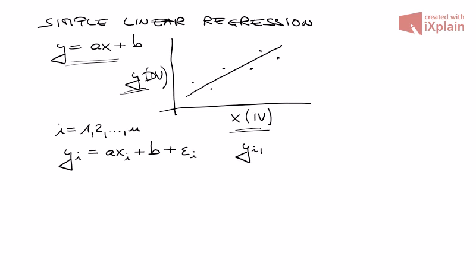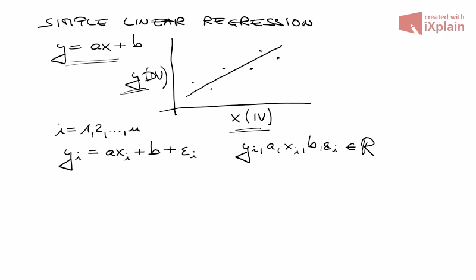So yi, a, xi, b, and also epsilon i, they are all scalars. So they are just numbers. For example, 1.2, minus 0.5, pi, whatever.